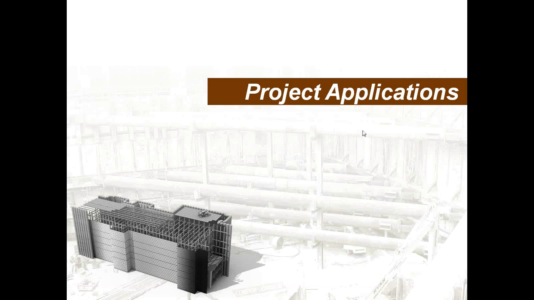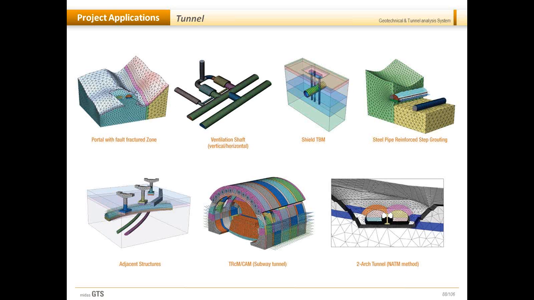Now this is the last part of this presentation, about the project applications, because MIDAS GTS is software that is widely used internationally by a lot of big companies, and I'll show you a few projects that have been done using MIDAS GTS.